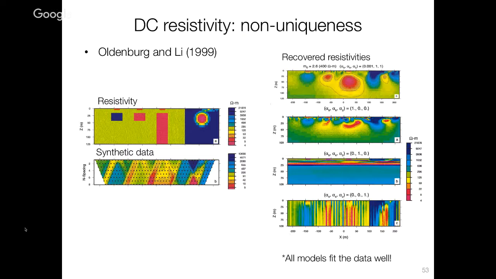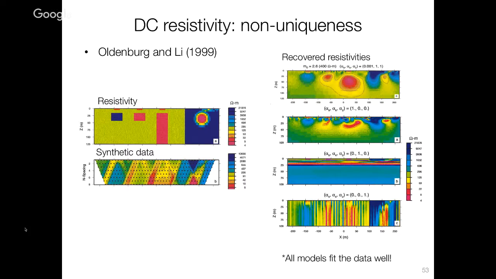There was an alpha S, a term that made things close to a background, an alpha X that smoothed in the X direction, and alpha Z that smoothed in the Z direction. These are the coefficients, the alphas, coming out here.